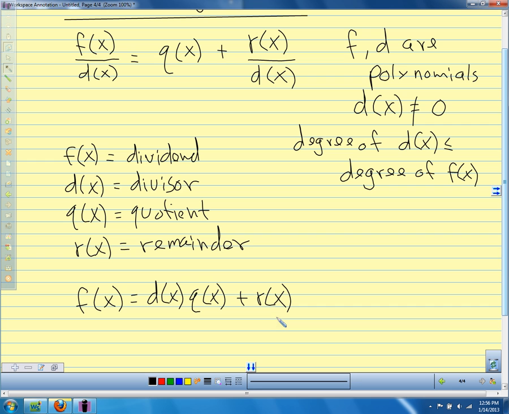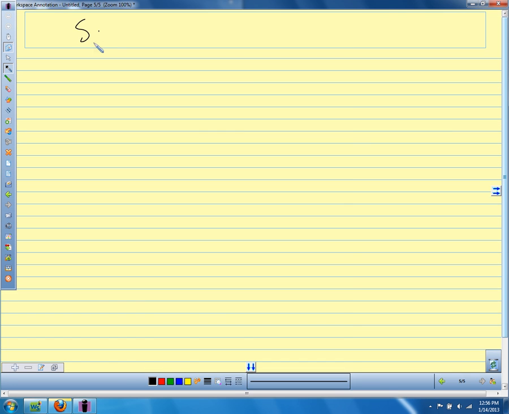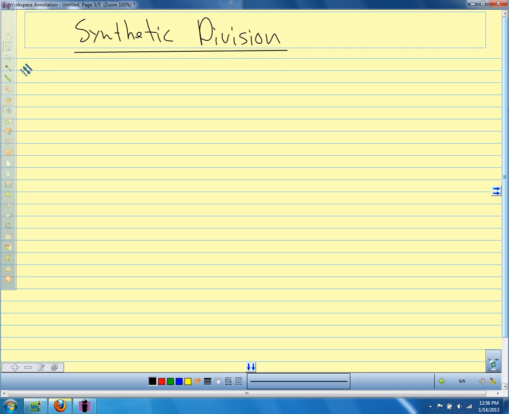All right, so I'm going to show you a shortcut for doing long division. The shortcut is called synthetic division. Synthetic division makes this process a lot easier and a lot faster. Now, a couple of important things to remember about synthetic division.